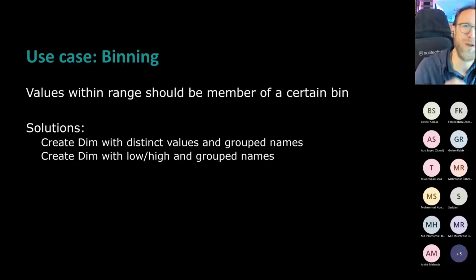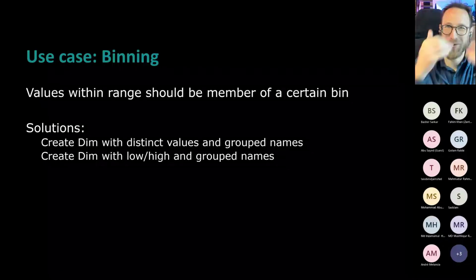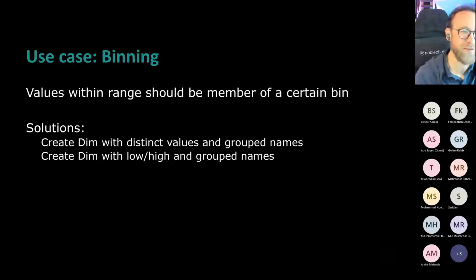And there are two ways we can model this. One, we can actually use relationships, and this is then faster, but then we have to build a table according to the different bins and different values we have available. We'll see in a second. Or the other one is using this detached table approach, where we can just provide the low and the high range of the bin and then make sure that DAX covers for this more complex relationship.